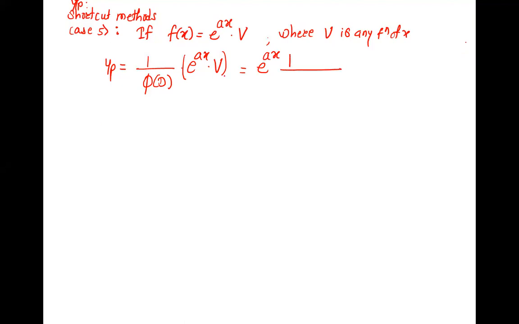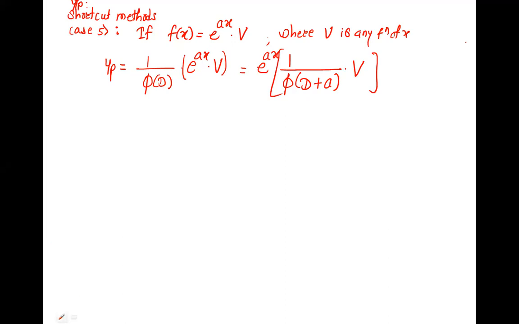At the same time, d will be d plus e's power, that is a. These two happen simultaneously. e will come out, e's role will be over, and at the same time a will get added to d, that is, d becomes d plus a everywhere, and it will operate on v only. e's job done.